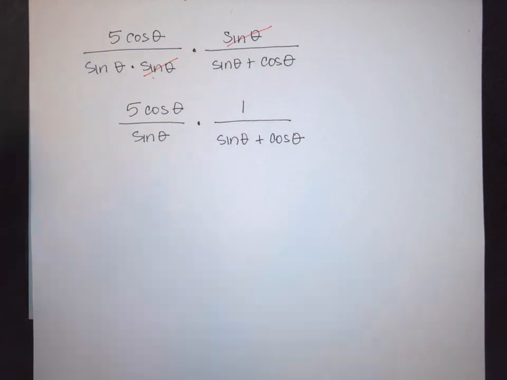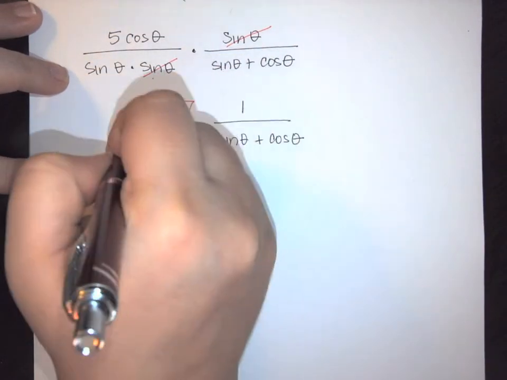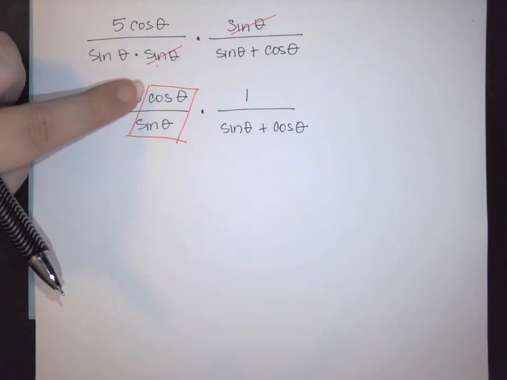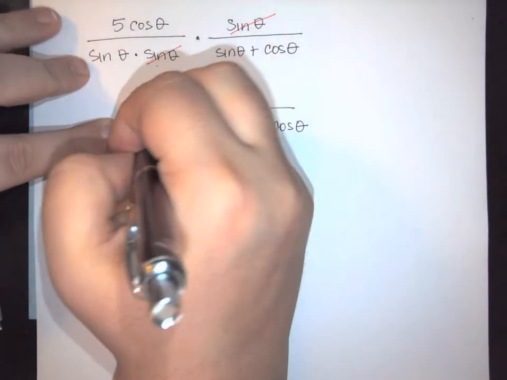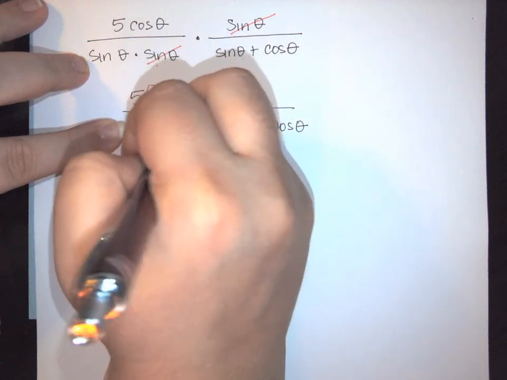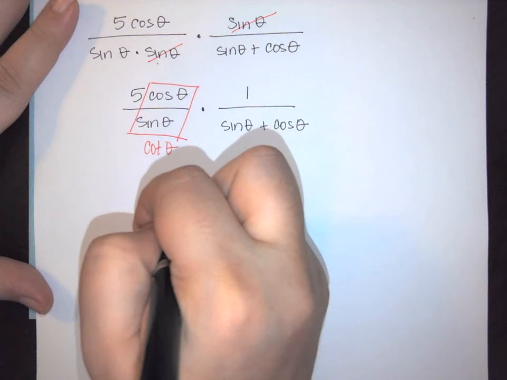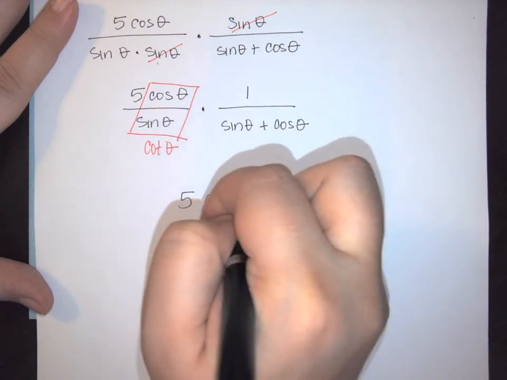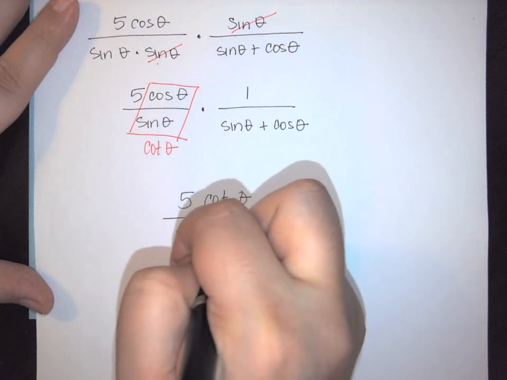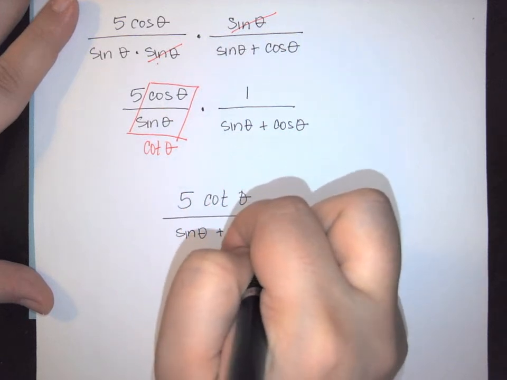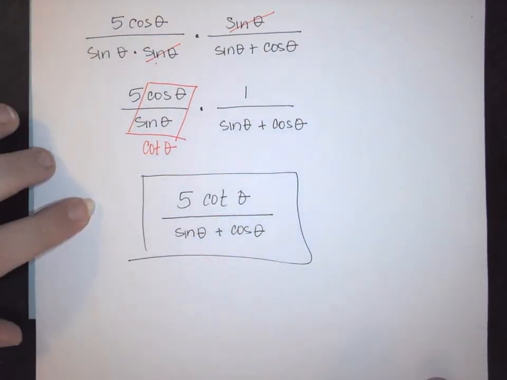We have one more simplification that we can do, and it's right here. If you look closely, cosine over sine is the opposite, so this can reduce down to the cotangent. So overall, we end up with 5 cotangent of theta all over the sine of theta plus the cosine of theta. And this is your simplified reduced form.